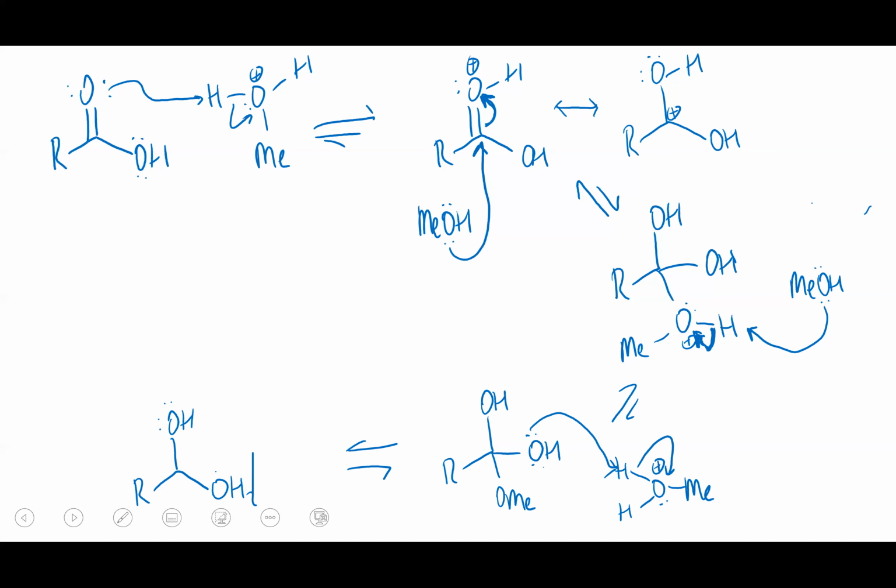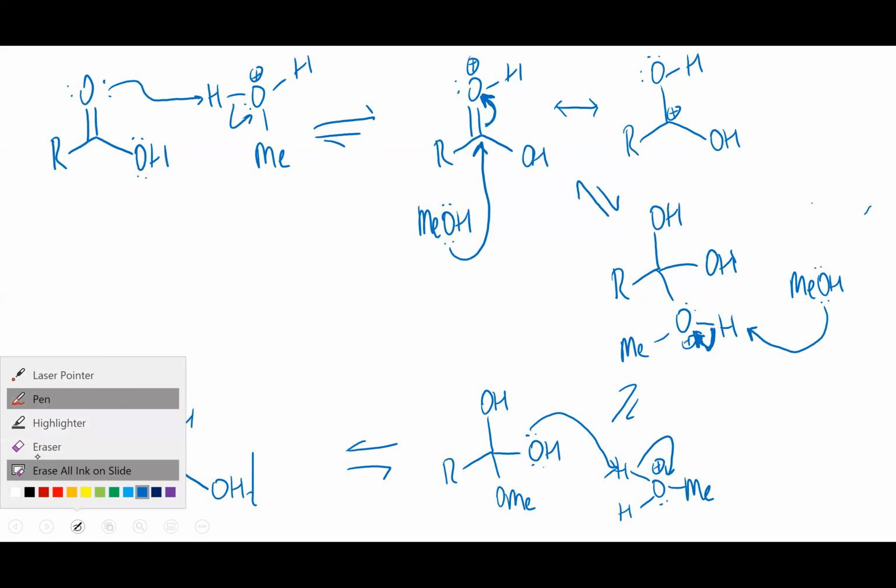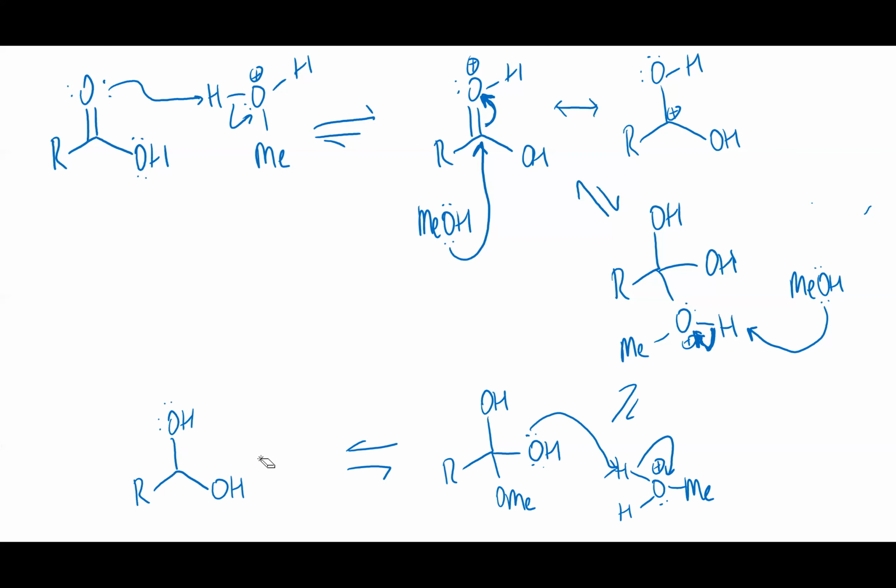Let me correct that little glitch there. It happens from time to time. So now we're set up with our good leaving group. And so we can reform the carbonyl and kick out the leaving group. Leaves us water.